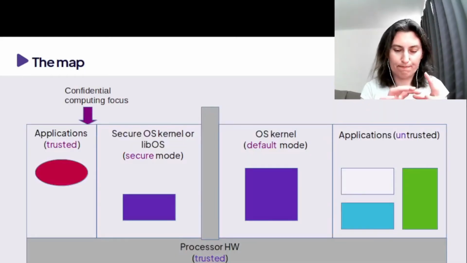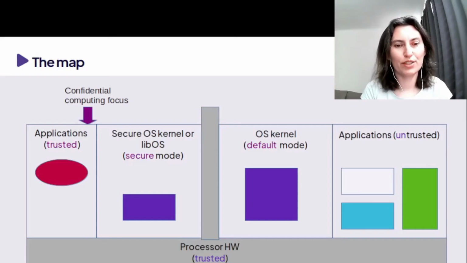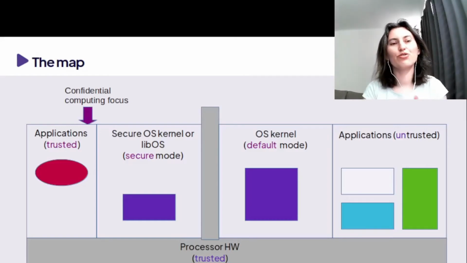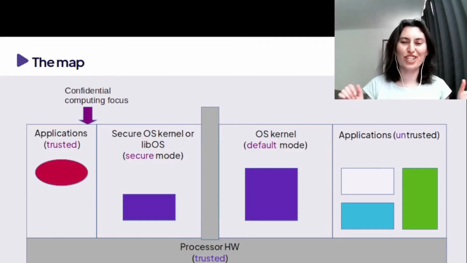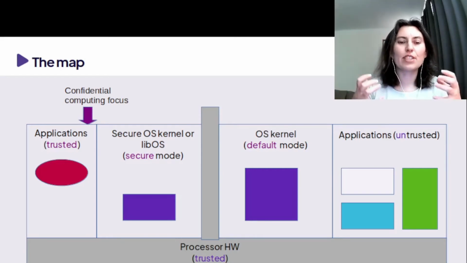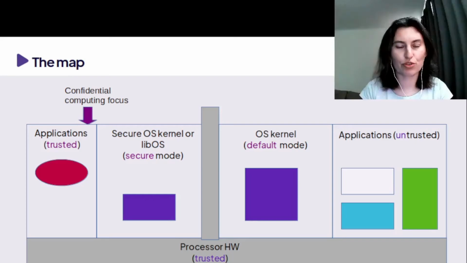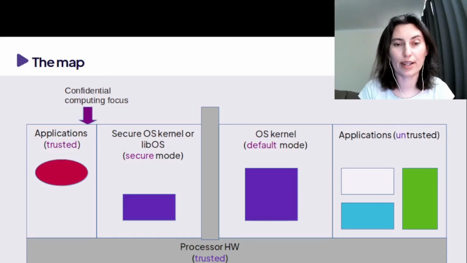Now, if we try to summarize all of it together in this trusted or confidential computing world, we have the processor hardware we're expected to trust, creating a boundary using known technology like MMU or IOMMU.